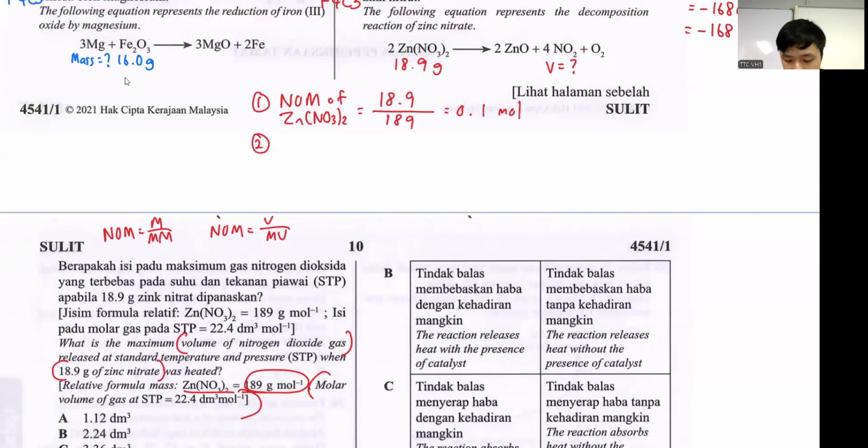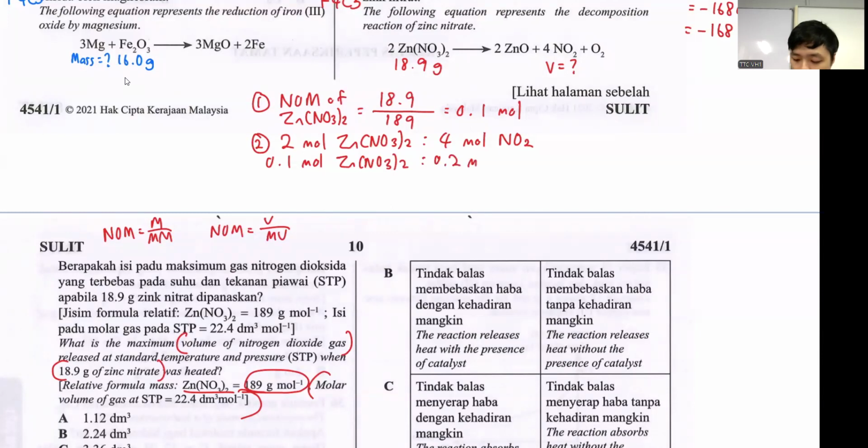Second step, do ratio. Here you got 2 to 4. So 2 mole of zinc nitrate to 4 mole of nitrogen dioxide. So it means you have to multiply by 2, right? If I got 0.1 mole of zinc nitrate, multiply by 2 becomes 0.2 mole nitrogen dioxide. Third, find the volume.